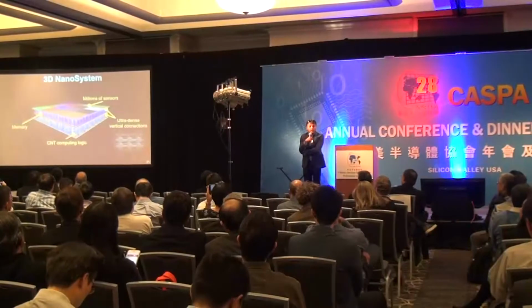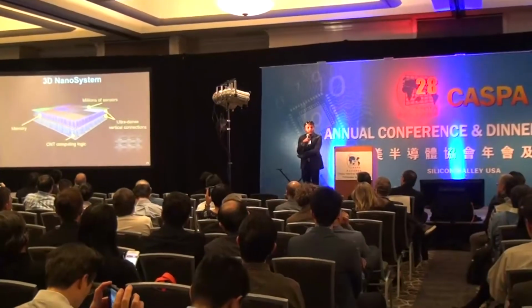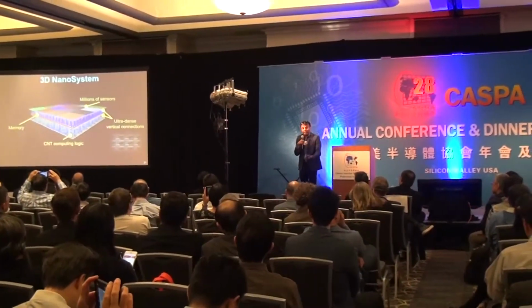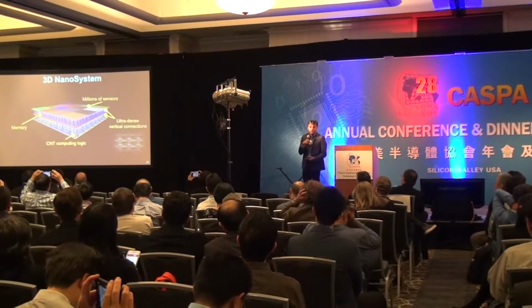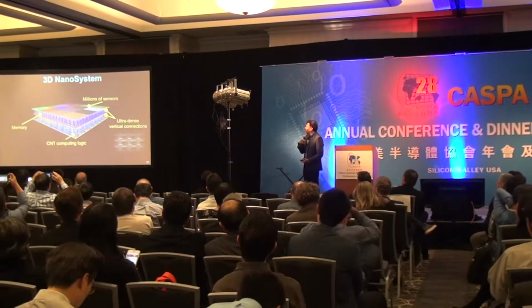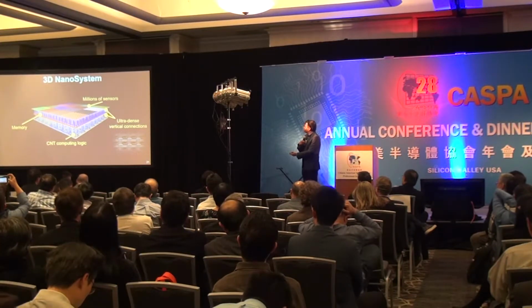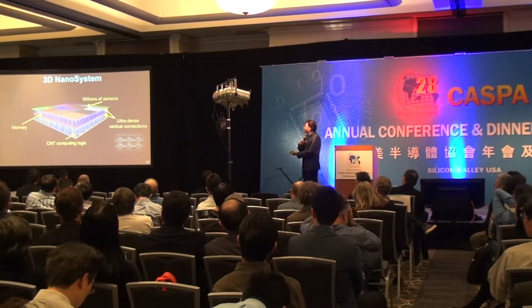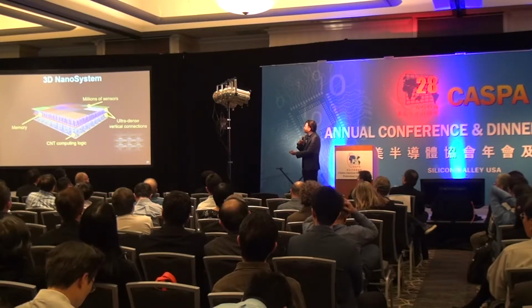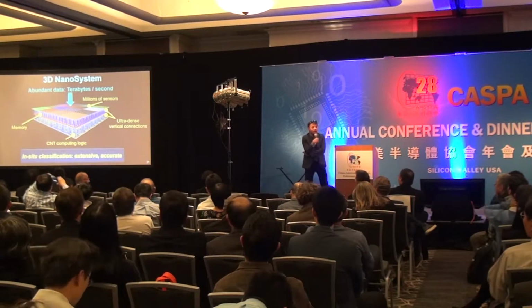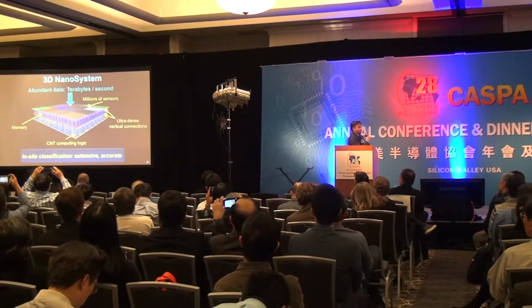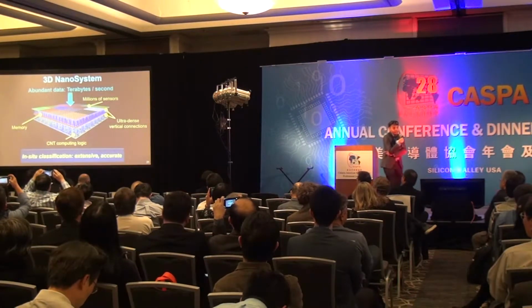And as I said, the most important point of this presentation is the ultra-dense and fine-grained three-dimensional integration, no TSVs. And as a result, this chip can actually collect terabytes of data per second from the external world.